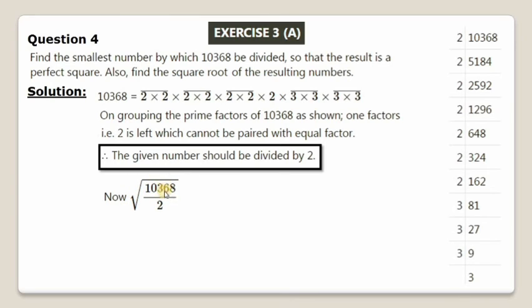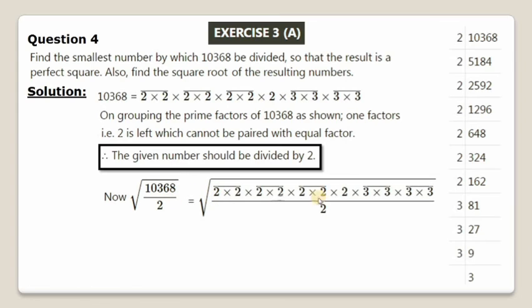Okay, so you see the factors of this can be written in this way, isn't it? From this, see, 2 and 2 get cancelled. So instead of these two, I'll write only one 2. Instead of these two, I'll write only one 2. Instead of these two, I'll write only one 2. Instead of these three, I'll write only one 3.